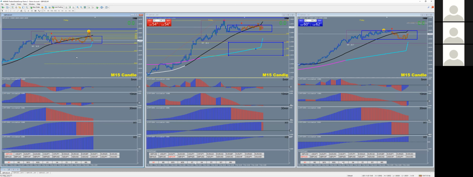No, it's 10 pips. Yeah, pound getting strong again.